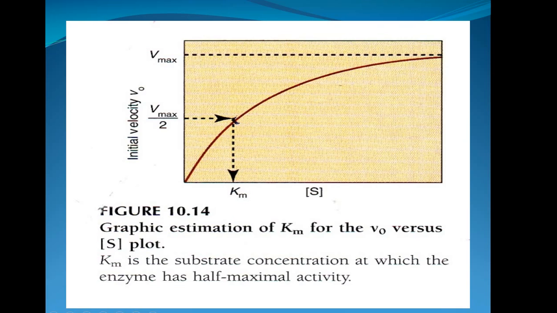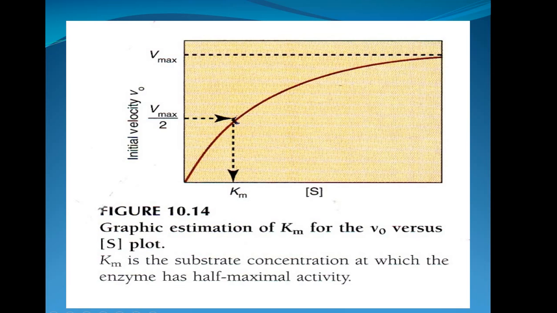Similarly, from the intersection, the y-axis represents the velocity. So here it is 0, here it is 10, 20, 30, 40, 50 and so on. This is how the measurements have been taken.